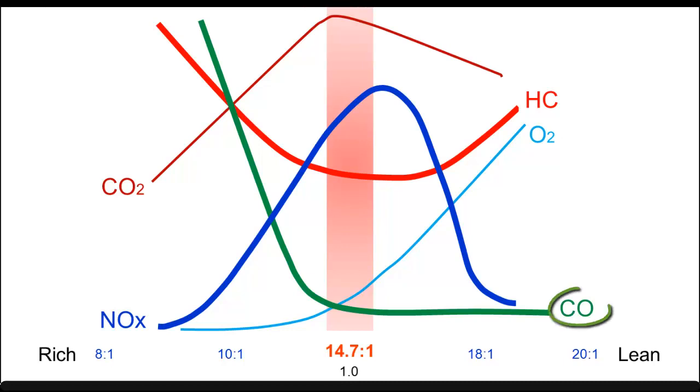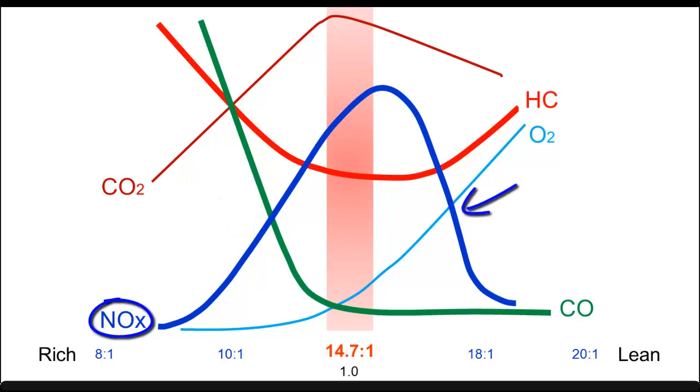Carbon monoxide emissions are low in the stoichiometric range and rise significantly with a rich mixture. CO emissions stay low with lean mixtures. Oxides of nitrogen emissions are high in the stoichiometric or slightly leaner range. These emissions are reduced with cool, rich mixtures.